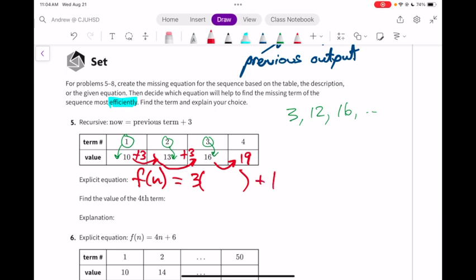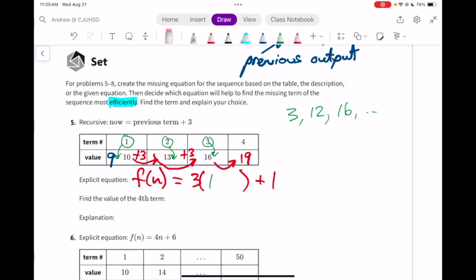Now, how does that relate then to the term value? Well, let's just temporarily put in 1 here. What would we have to add to 1 so that we could multiply it by 3, then add 1, and get 10? Or in other words, first of all, how could we get 9?